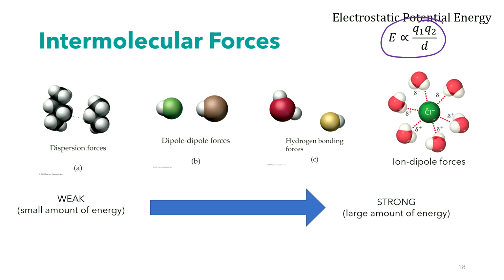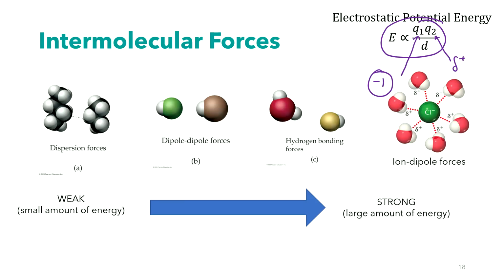Now, with an ion, one of those charges is a full charge. So let's say we're looking at the chloride. And this other one over here is a partial positive. But compared to, say, dipole-dipole, those were both less than 1 before. But now we're dealing with full charges. And so these are very strong electrostatic forces. And that's what drives salts to just fall apart in water, which, again, if you think about it, is kind of confusing.